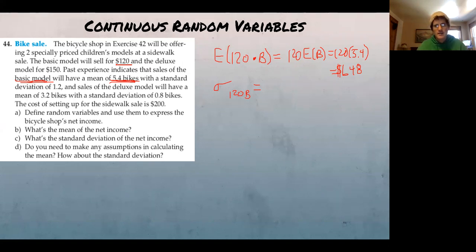This is not multiple events. This is just changing from bikes sold to dollars earned from the bike. So I can just do 120 times the standard deviation of B, which is 1.2. So 120 times 1.2 gives me $144.